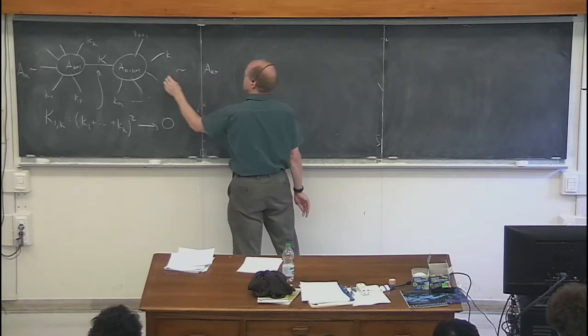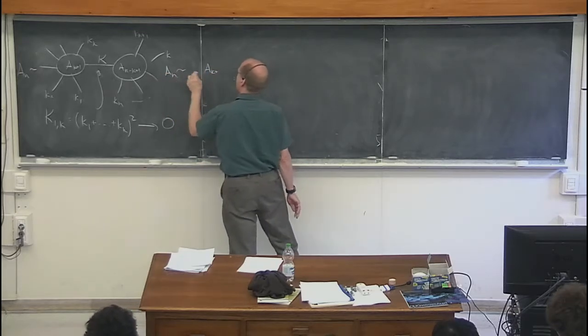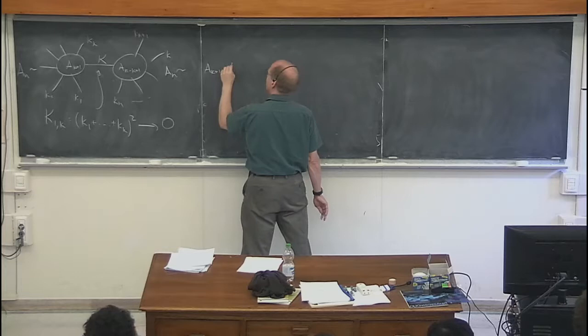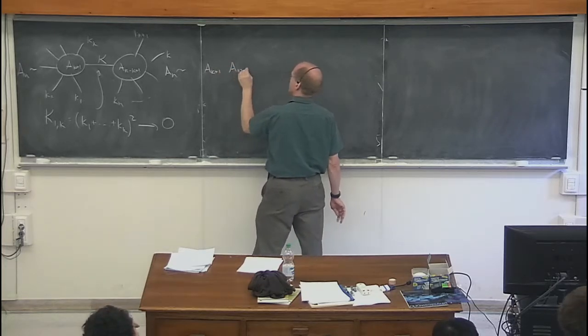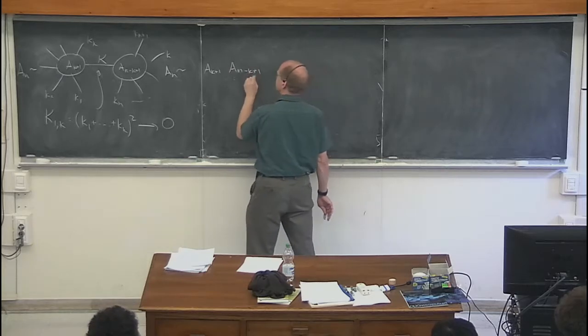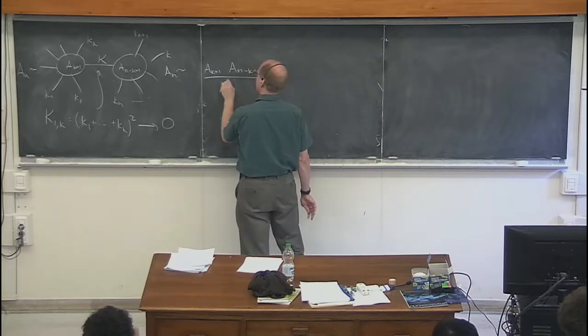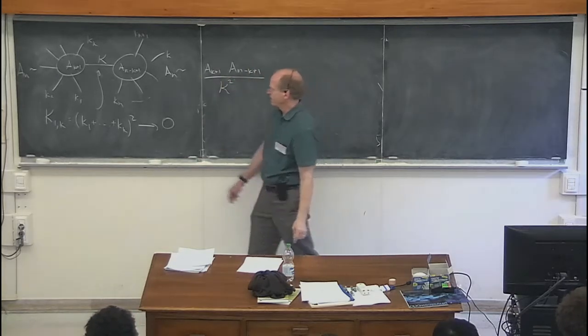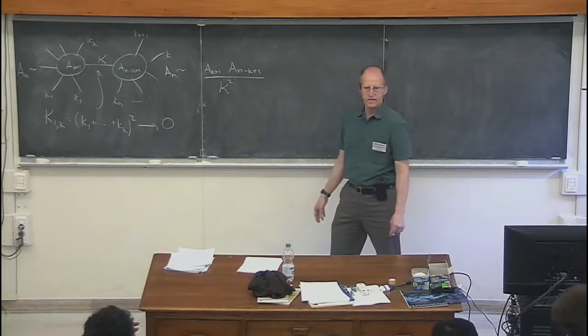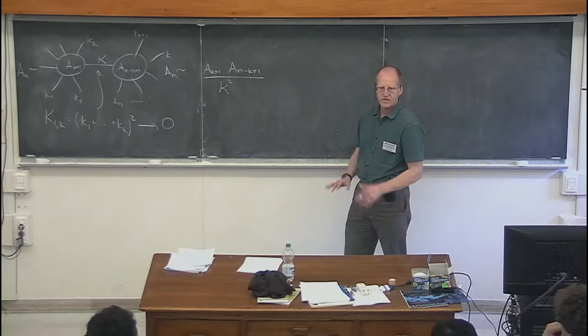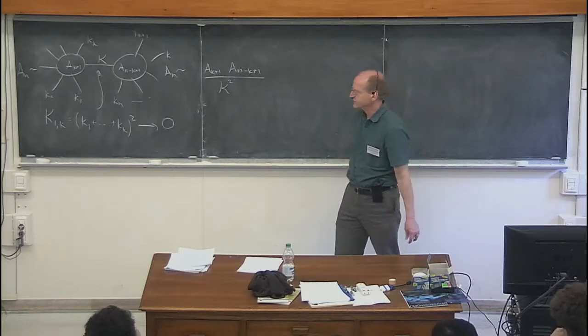So this amplitude An factorizes into a product of two amplitudes with smaller numbers of legs. And it should have a factor corresponding to the propagator, which is almost equal to 0 in between. So that's sort of a fundamental property.